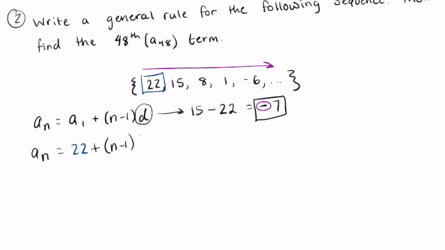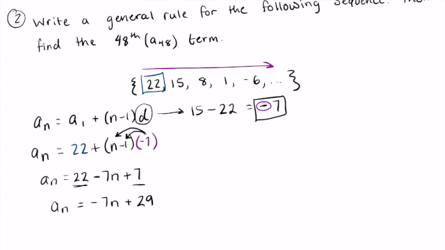And that is perfect. So now, once I have all my components, distribute that negative 7 into our parentheses. And I have a sub n equals 22 minus 7n plus 7. And I'm going to combine my like terms. So I have a sub n equals negative 7n plus 29.